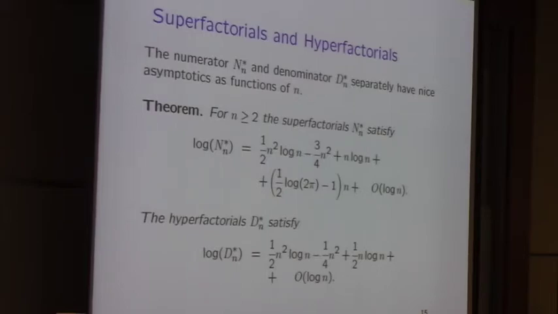And then there's a term that involves n log n. And then there's a term that involves n. And then there's a term that involves log n. And then there's a constant. And after that, you get 1 over n squared, 1 over n cubed. And there are such expansions for the superfactorials and the hyperfactorials.